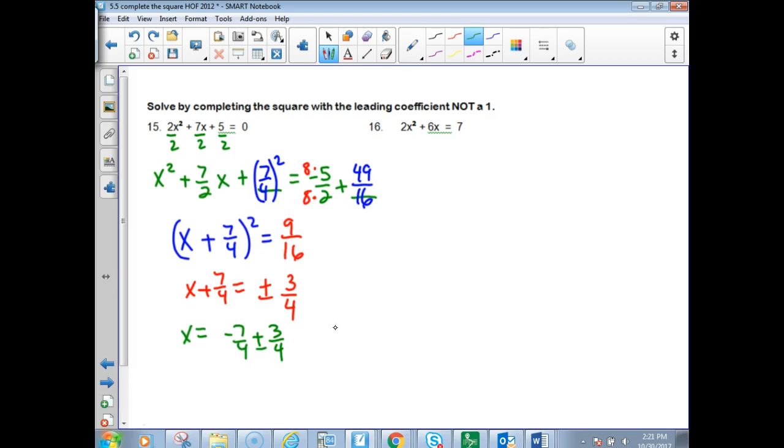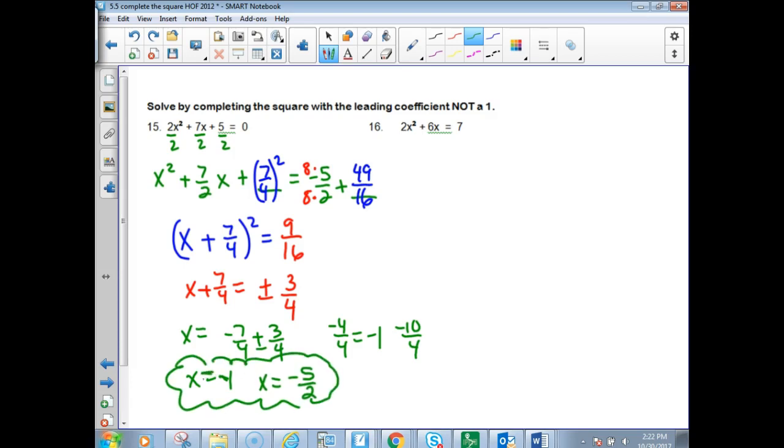Well, one of those answers is going to be negative 4/4, which is negative 1. So x equals negative 1 is one solution. The other answer is going to be negative 7/4 minus 3/4, which is negative 10/4, and that's negative 5 halves. Those are our two solutions.